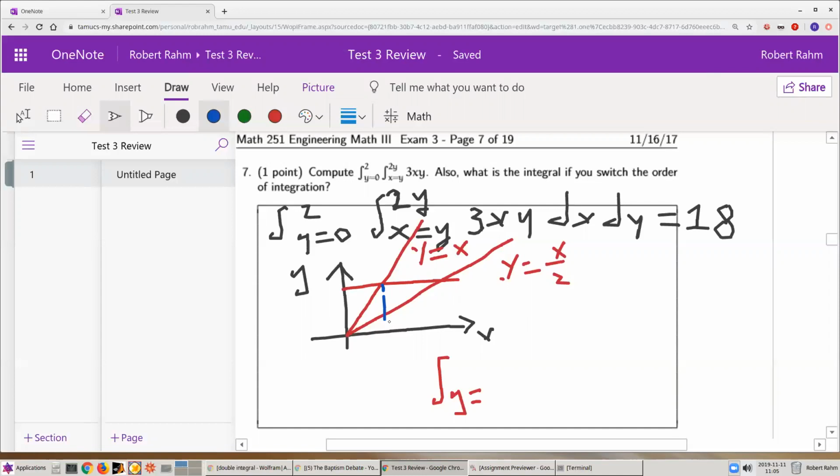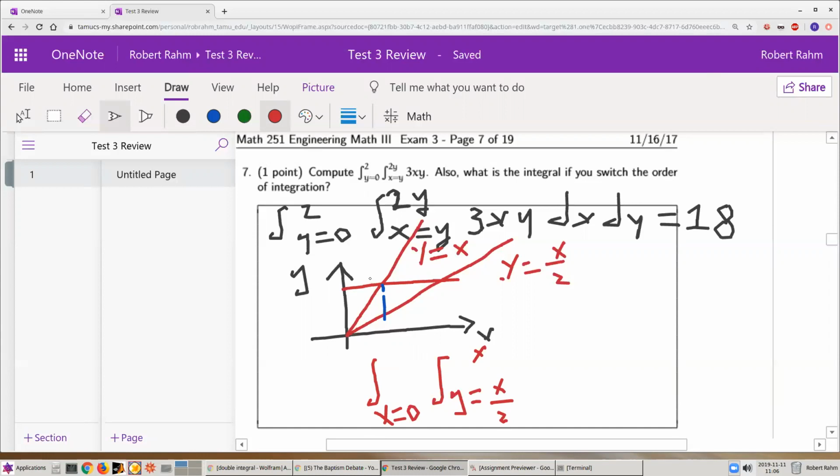For this first piece, y is going to go from x over 2 to x. Now what values of x is this valid for? This is going to be x equals 0 to this point. How do we figure out the coordinate of this top point?